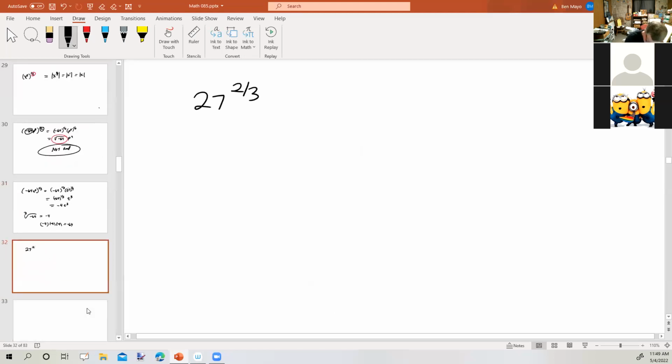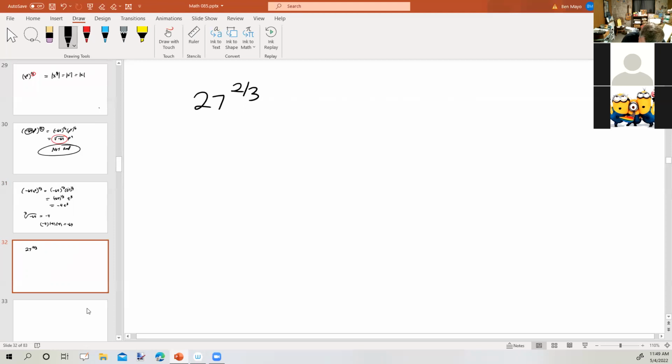27 to the 2/3 power. Now, when you have a base, a number, a variable, a quantity, raised to a fractional exponent like we have here, we can pull apart the power and the root as long as they are both real.